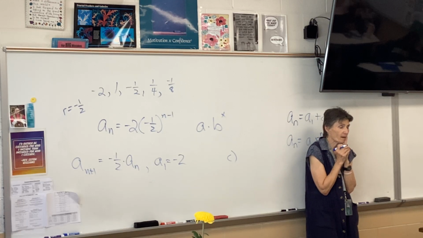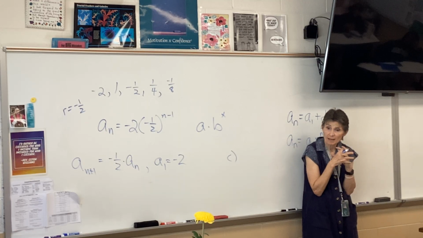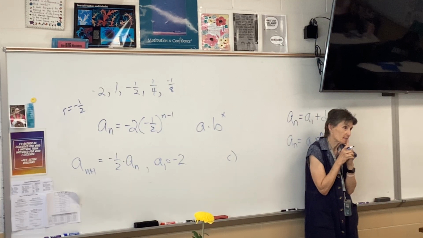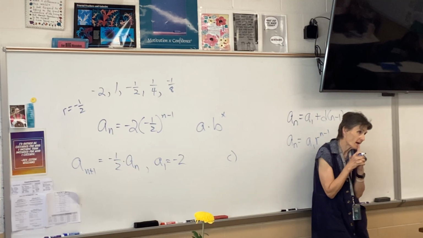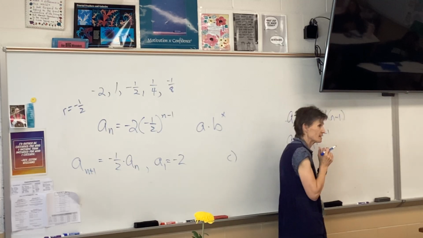Is it arithmetic? Am I adding the same thing? Is there a pattern? Yes, definitely, but it's not the same thing. So to be arithmetic, you have to add the same thing. Since it's not arithmetic, I will not be using that formula.